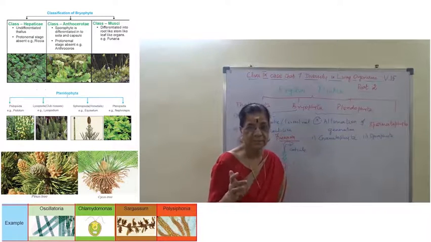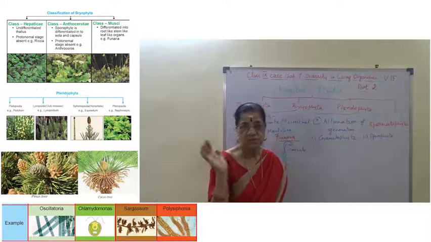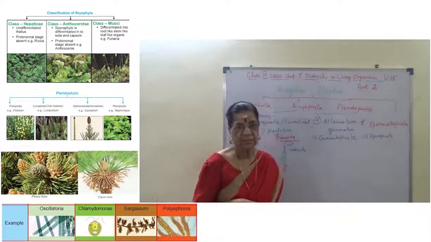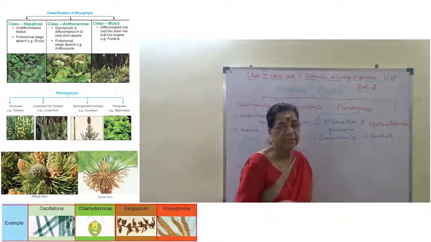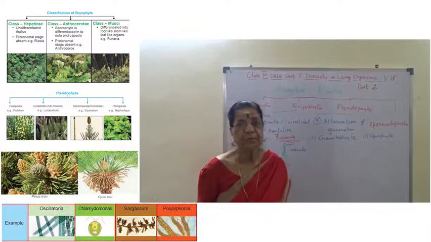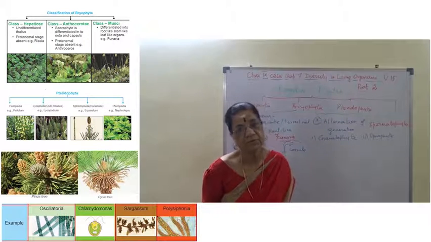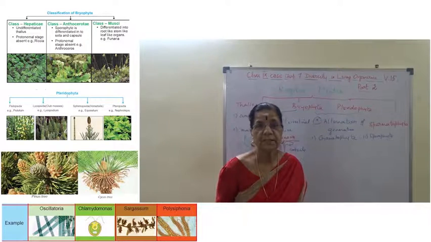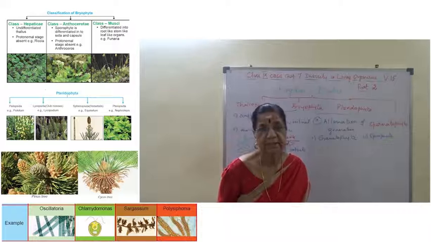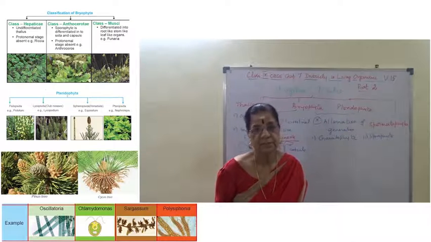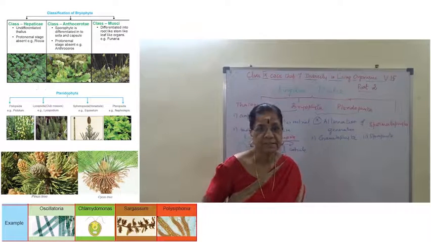Gametophyte produces gametes. It undergoes sexual reproduction. Whereas in sporophyte, spores will be produced, and those spores are definitely produced by the sporophyte, and it is asexual reproduction. I hope you understand.